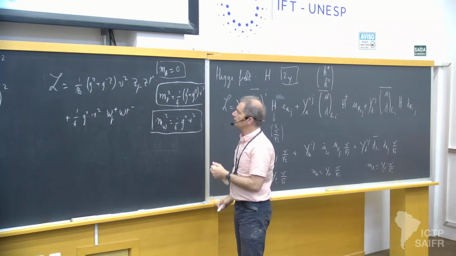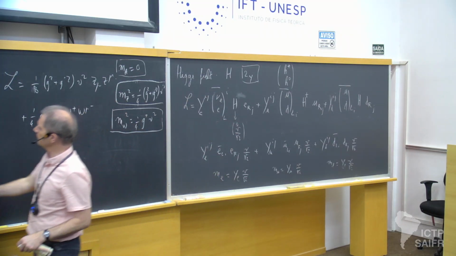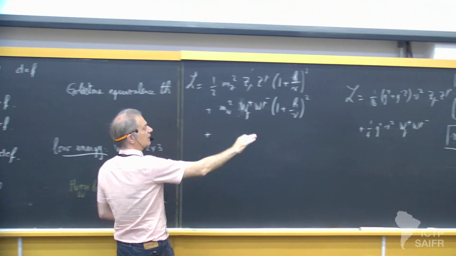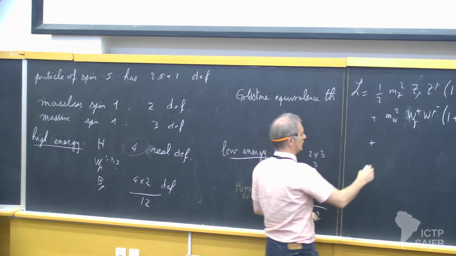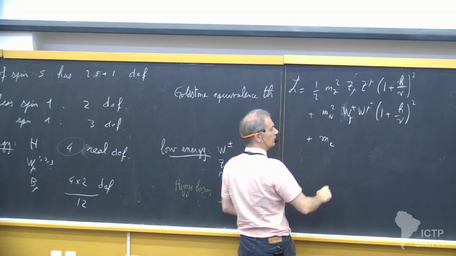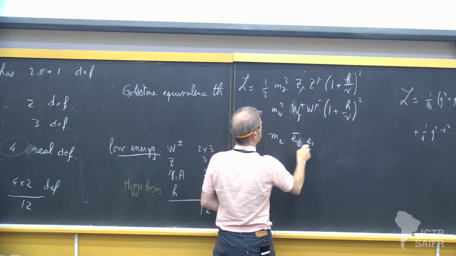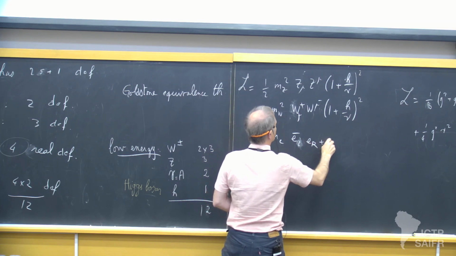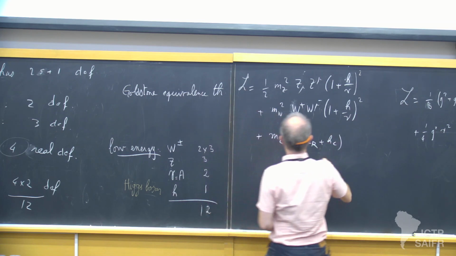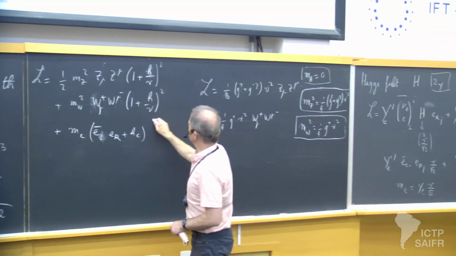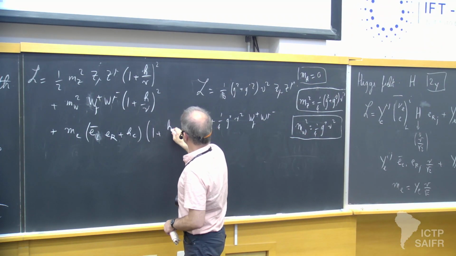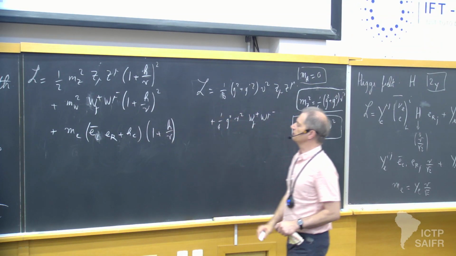Now the interaction with the quarks and the leptons, let's say, we'll neglect for a moment the various flavors. It was simply the mass of the electron times e_L-bar e_R plus complex conjugate. And now this is simply proportional to V, so it's only one power of the Higgs field.